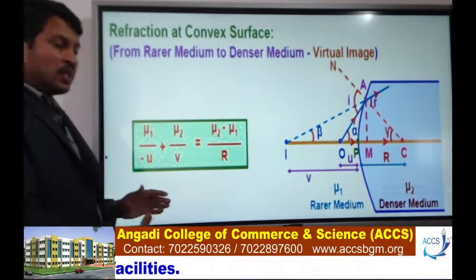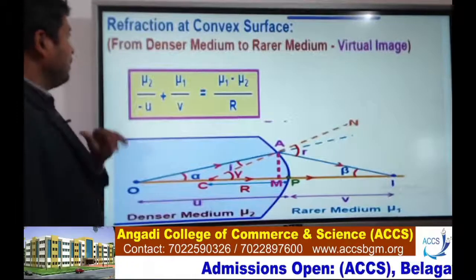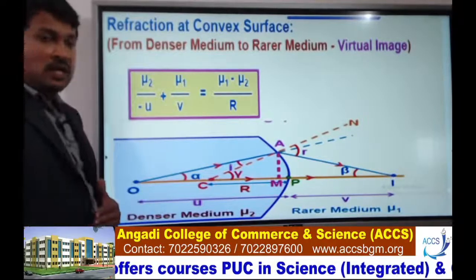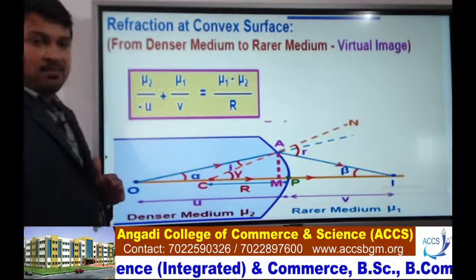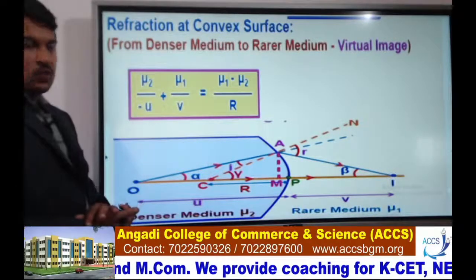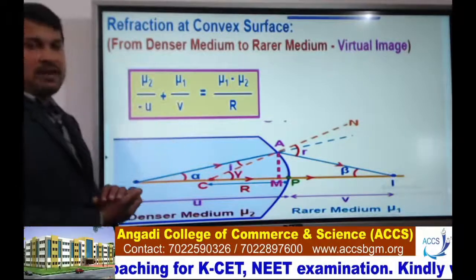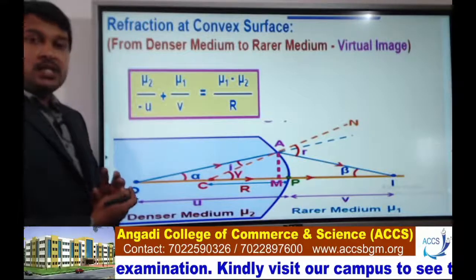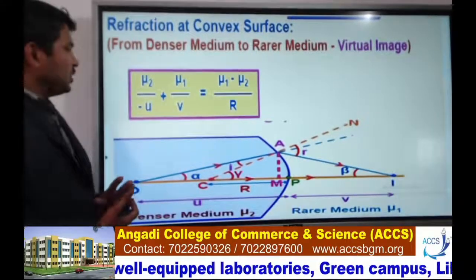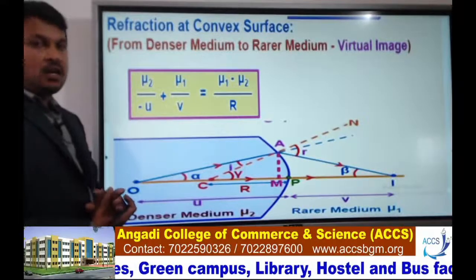Same as the concave surface, but for light going from a denser medium to a rarer medium. That time the formula is N2 divided by minus U plus N1 divided by V equals N1 minus N2 divided by R. R is the radius of curvature, and N and mu are nothing but the refractive index.